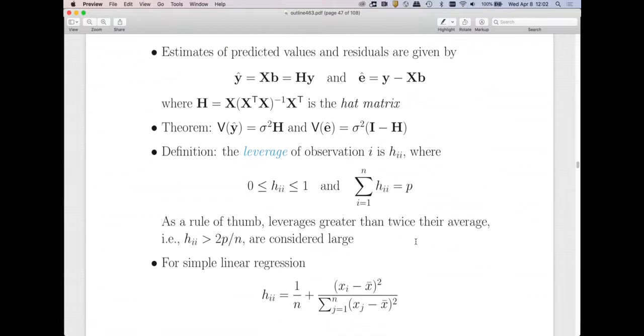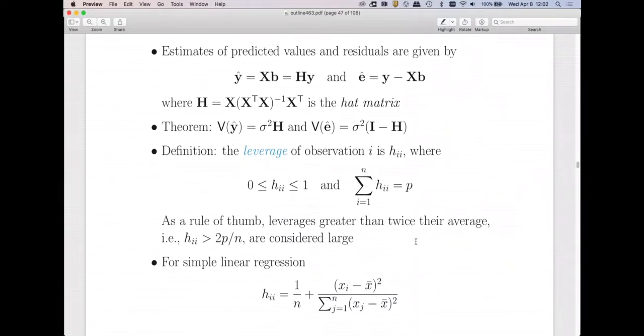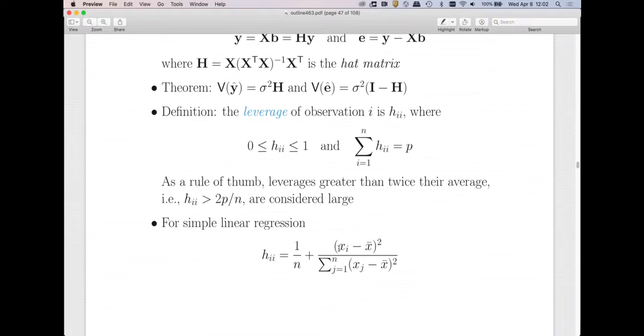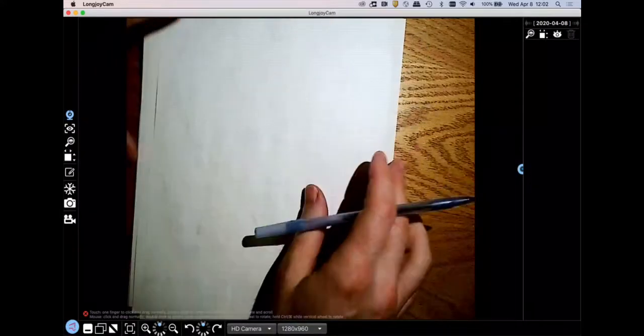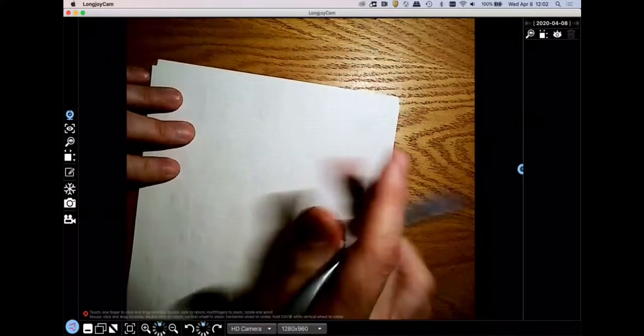Now there's a famous result that you'll find in many basic undergraduate statistics books when they cover simple linear regression. And so we have this expression right here. So let's go over to my document camera again.